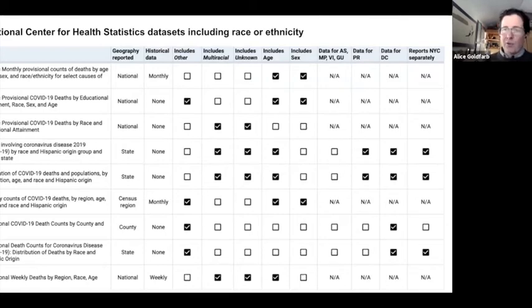These 9 data sets from NCHS are all from the same agency. They all ostensibly are about the same information, and yet the choices about what to include, including what categories, what jurisdictions, how often to update, are very, very different. And so it's very hard to make any comparisons between the data presented.